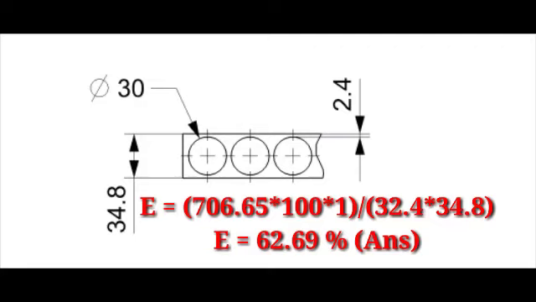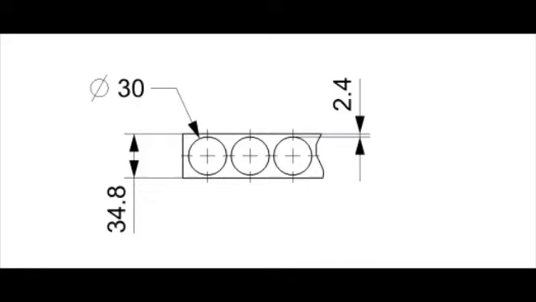Pitch we have already calculated, that is 32.4, multiplied by the strip width, and strip width is 34.8. E is equal to 62.69 percent. Now we are going to see the strip layout for blanking tools. Choice of strip layout method.